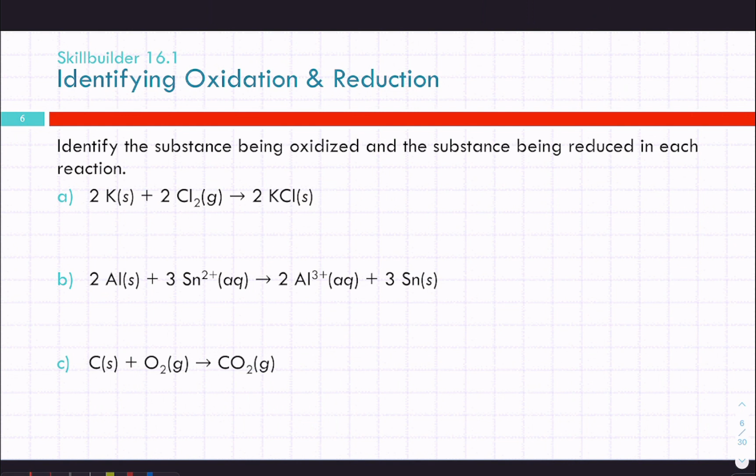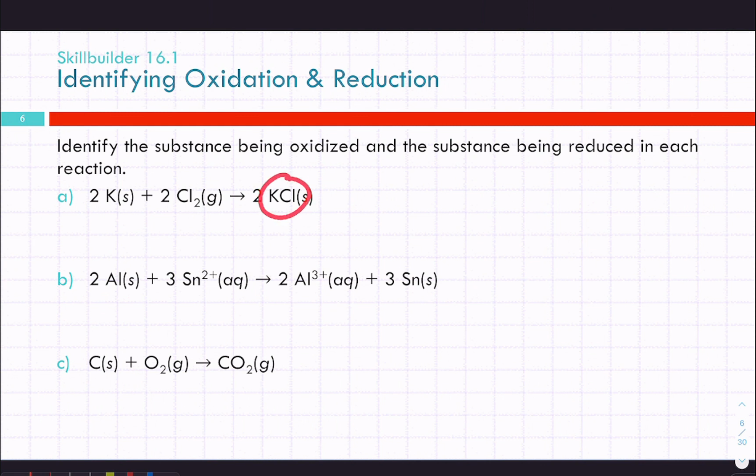So I feel like this is putting the cart a little bit before the horse. One of the things that you need to know here is that any free element has an oxidation state of 0. So if we remember, ionic compounds are combined charge-wise so that they balance.